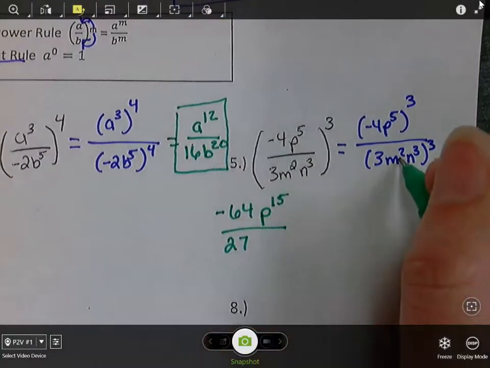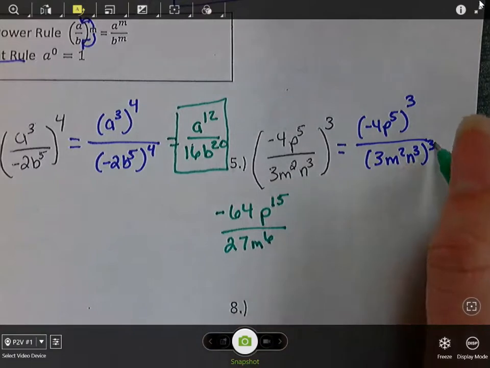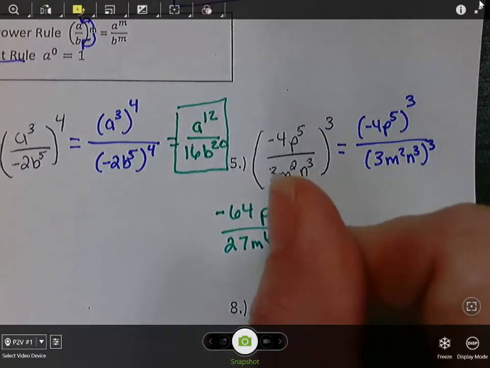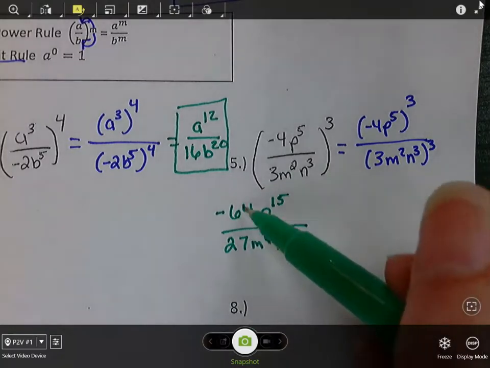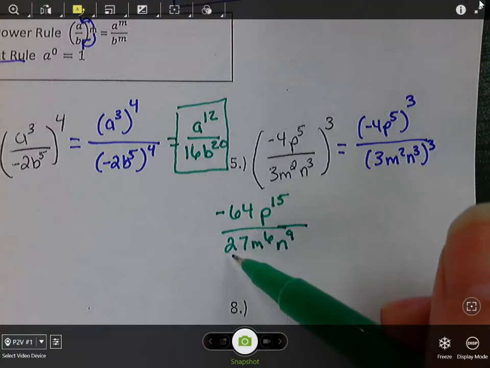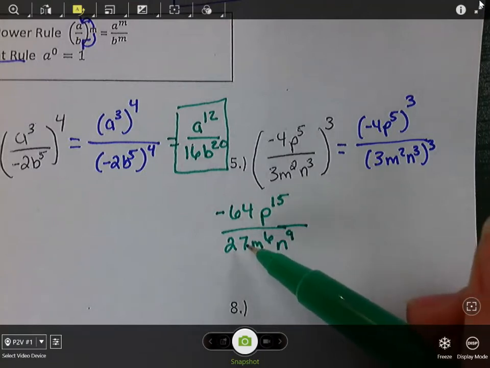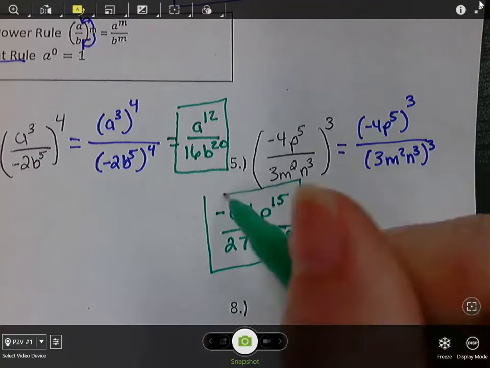And m squared to the third would be m to the 6th. N to the third would be n to the 9th. And 64 over 27, the only things with 27 are 1, 3, 9, and 27, and none of those go in 64. So I'm done.